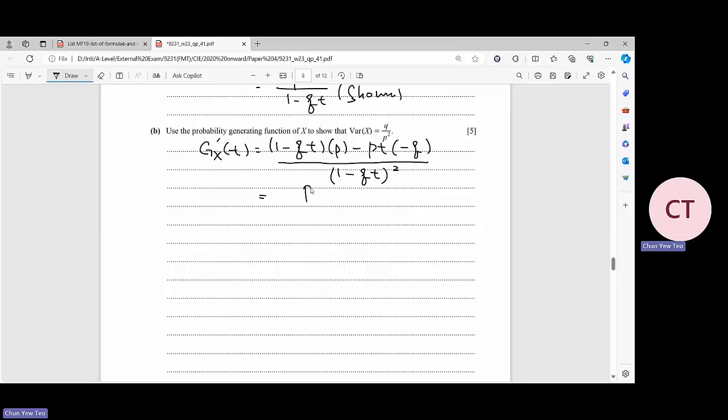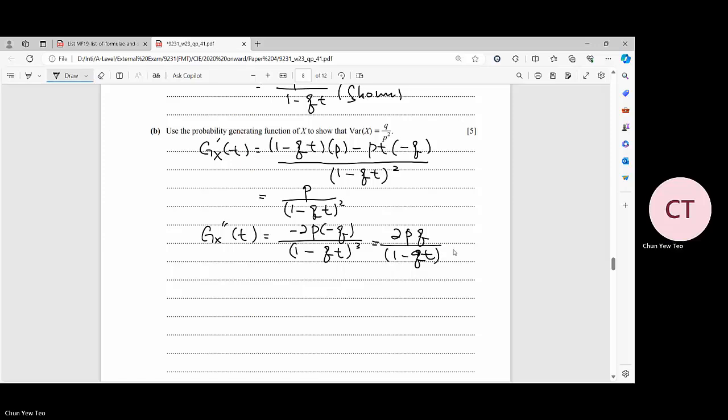At the end, you have only p divided by 1 minus qt square. Differentiate it for the second time. You get negative 2p negative q divided by 1 minus qt cube. So you get 2pq divided by 1 minus qt cube. Okay, so this is what you have.